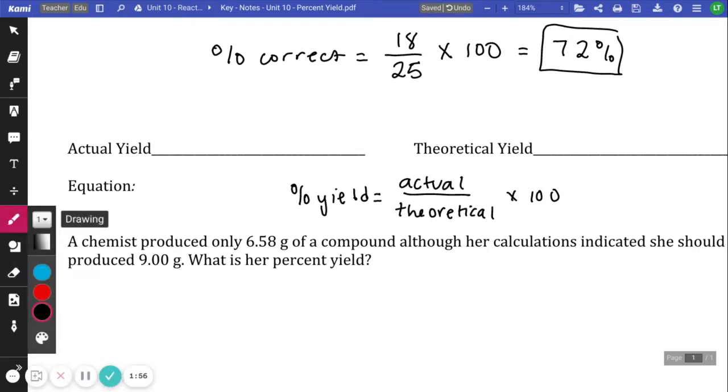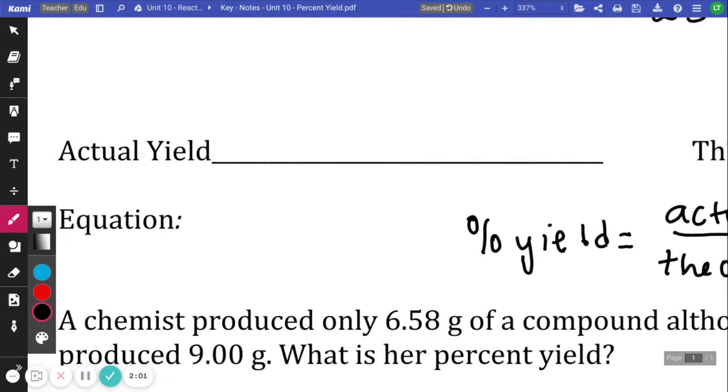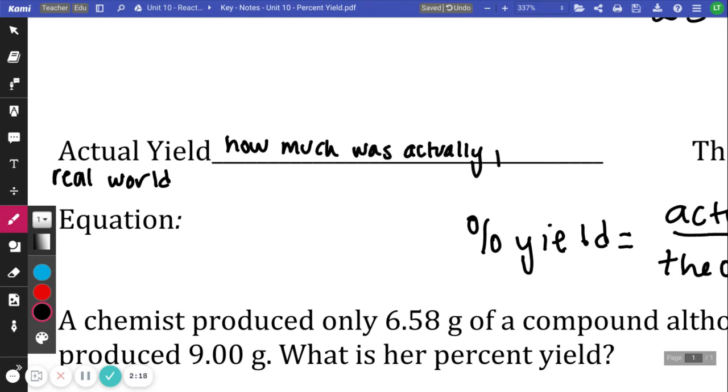All right, so let's define those terms. Our actual yield, I always call this one our real world. Our actual yield is how much was actually produced. This is typically going to be a lab value, how much you actually made in lab.